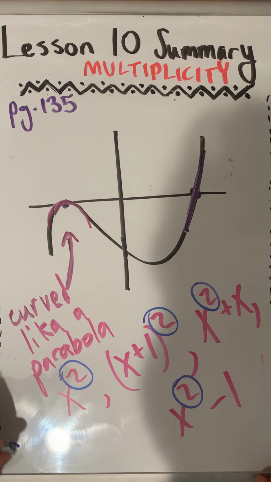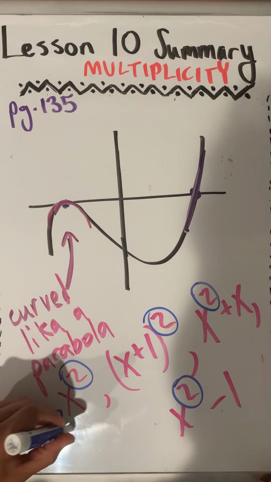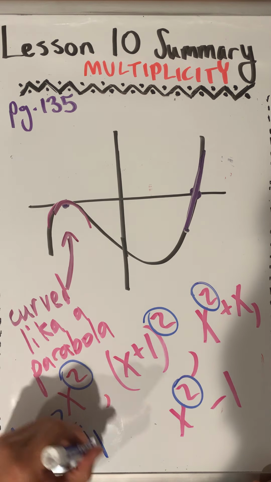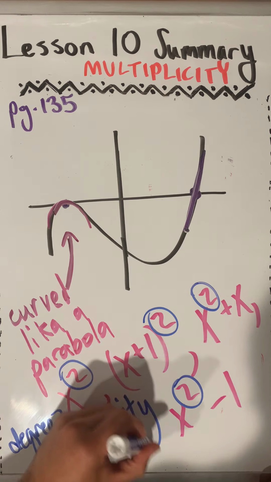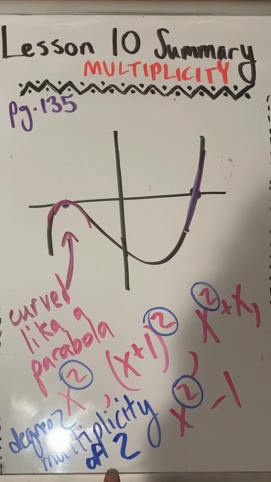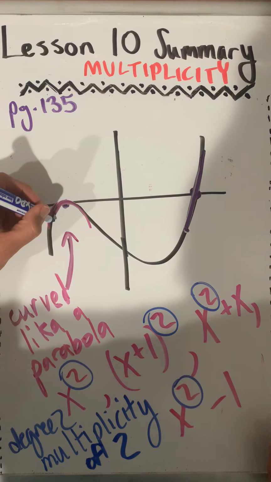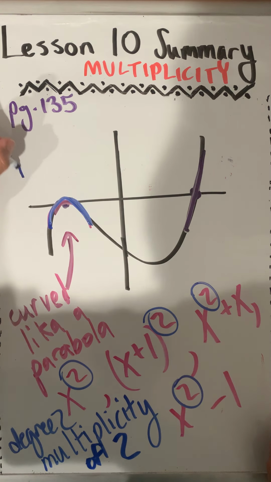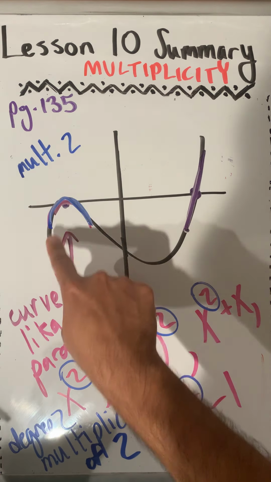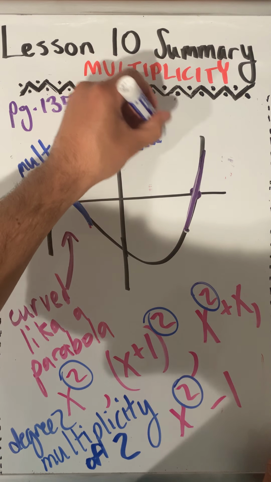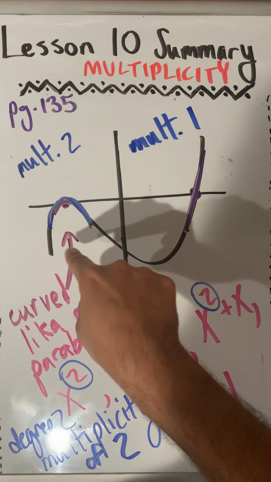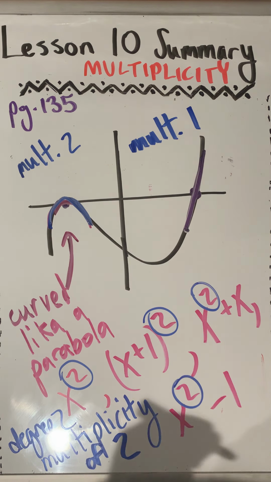So these are all degree 2. And when you see that it's degree 2, the degree will determine the multiplicity at that factor. So we'll say it's multiplicity of 2. So multiplicity of 2 gives you this shape here. I'm going to abbreviate here. Multiplicity 2 gives you a curve. Multiplicity of 1, which we did in the last example, will give you a straight line. Okay. So multiplicity of 2, multiplicity of 1.